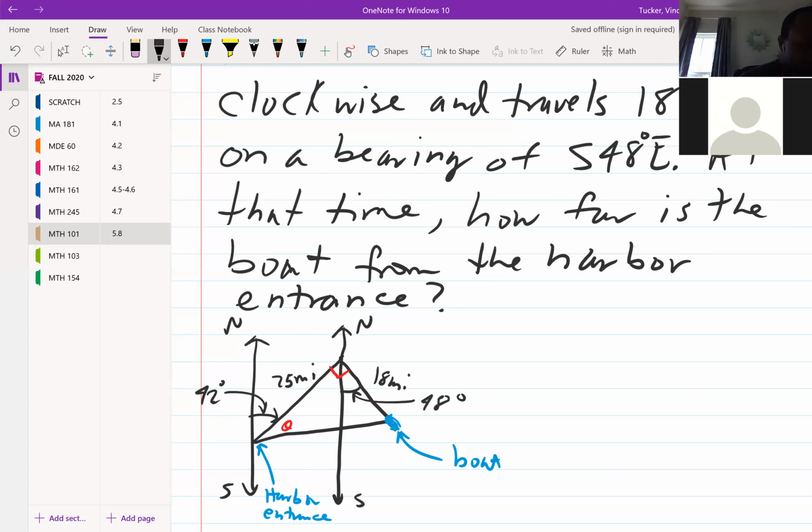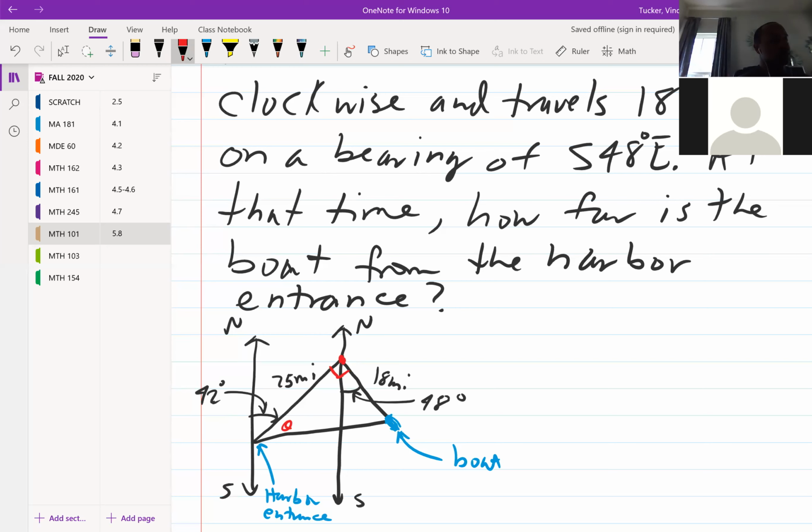Then the boat from this point right here turns 90 degrees clockwise. So that's where this 90 degrees comes from. And it goes towards south 48 degrees east, going down 18.